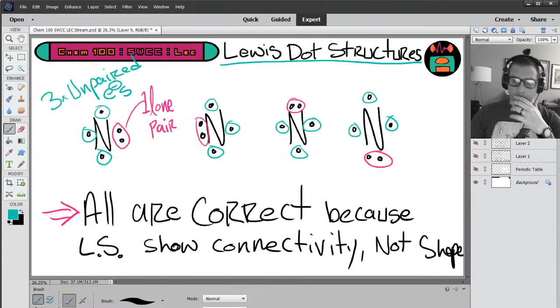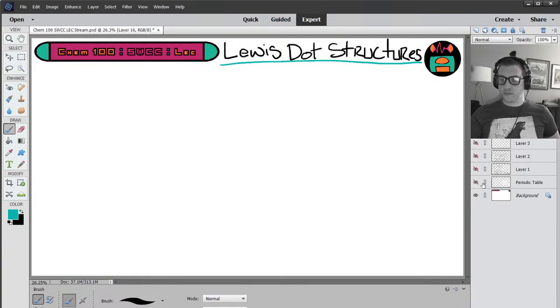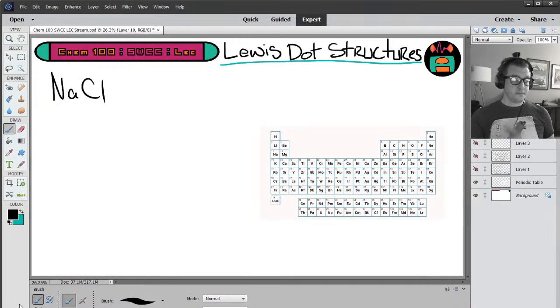All right, now that we know what Lewis structures are, we can use them to describe, explain, and understand how molecules form in the first place. So for example, let's look at sodium chloride.